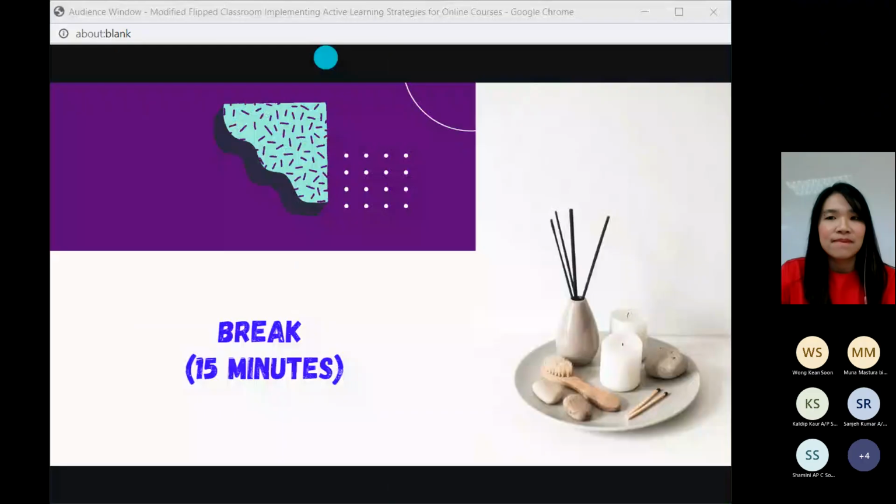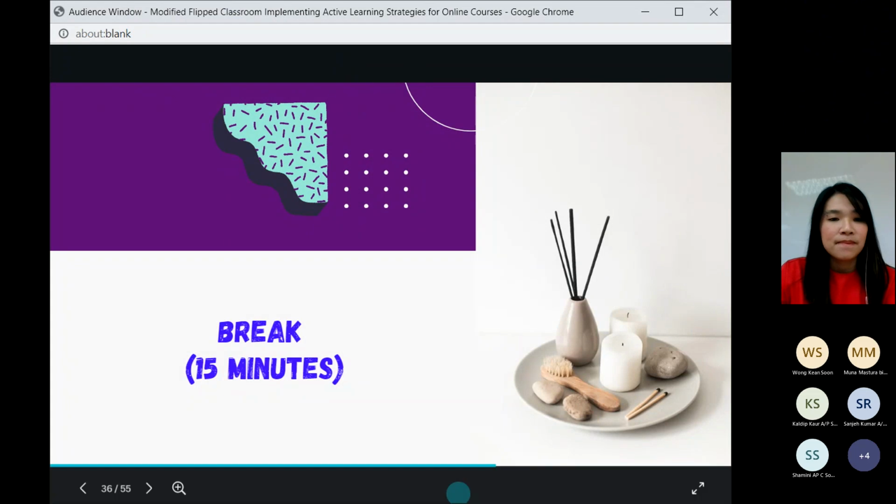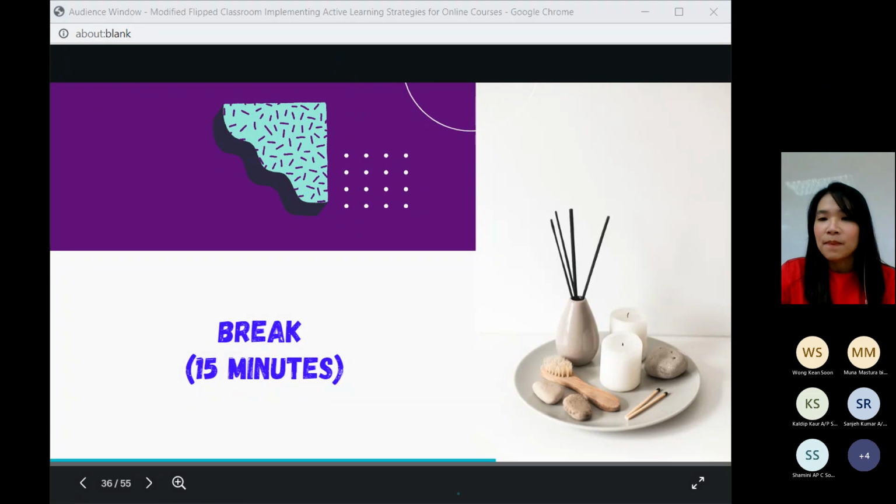Xiaoling and Muna are here only. Okay, hi everyone. Sanji's emoji is so cute.